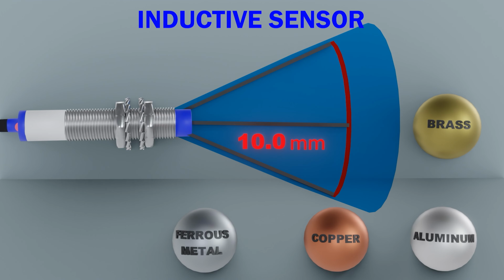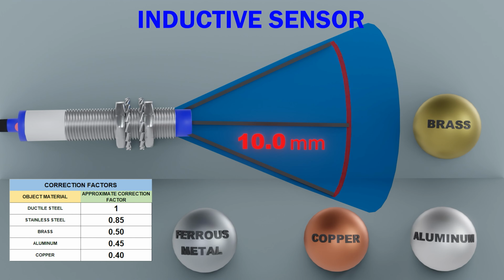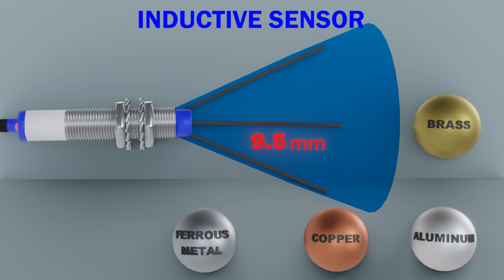Now the brass, which has a correction factor of 0.5. If we multiply it by the nominal distance of the sensor, it gives us 5 mm, which is the sensing distance for brass.